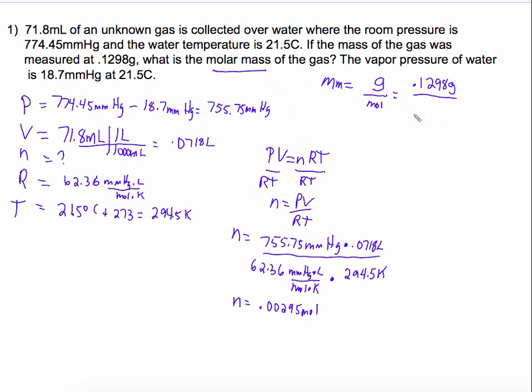Now that's not the end of the problem, because it wants the molar mass. So you come back up, take the grams and divide it by the moles, and if you do this math, I think it's around 43.9 or 44 grams, 43.9 grams per mole.